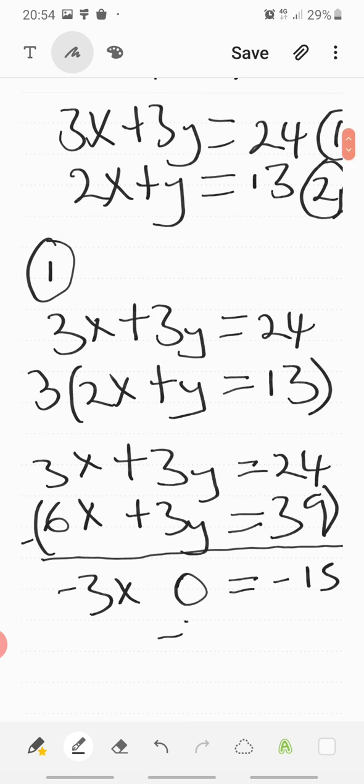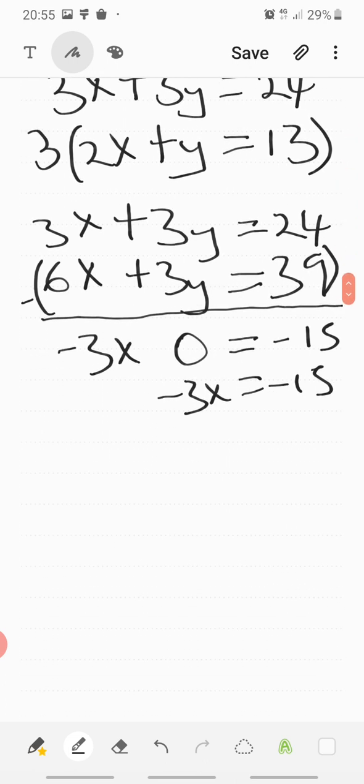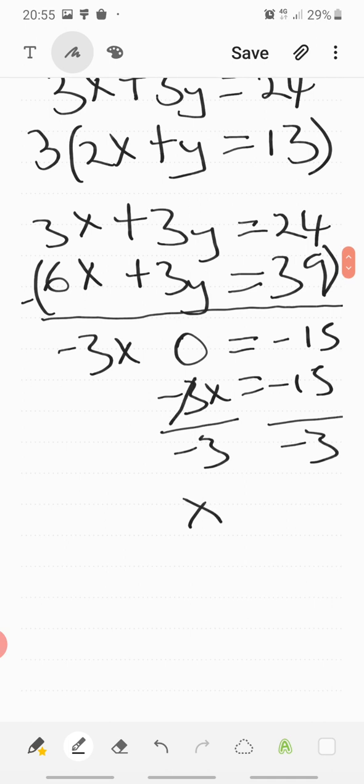So minus 3x is equal to minus 15. And then we divide both sides by minus 3 to get the value of x. 15 divided by 3, we get 5. The minus and the minus cancel each other, so we get x is equal to 5.